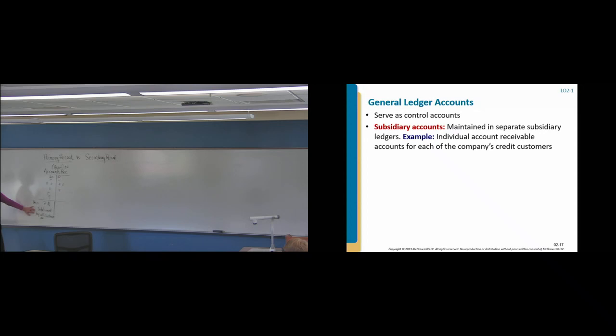And by the way, there's a privacy issue there too, isn't there? Just because someone asks who owes you all that money, you're not really going to be allowed to tell them, especially if you've got some kind of contract with your customers. So this is what we see on our report that goes to external users. This is for external reporting.